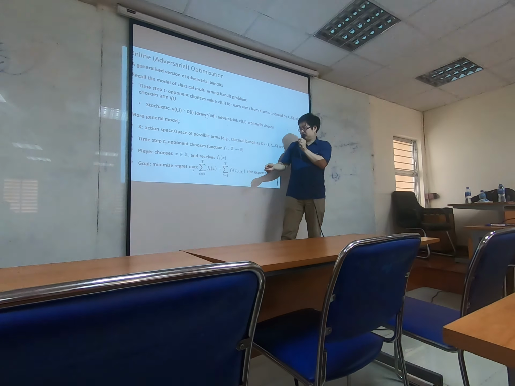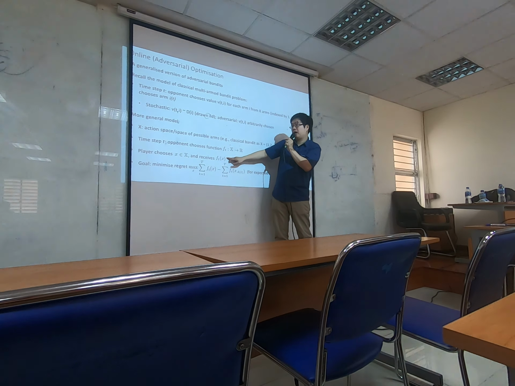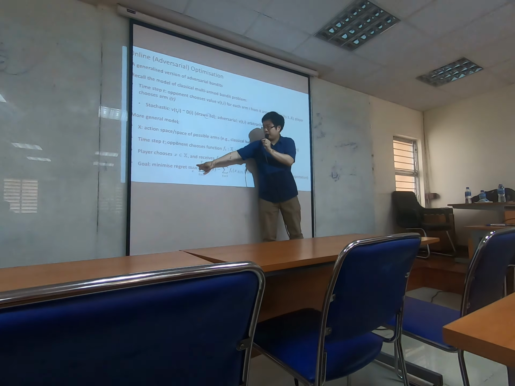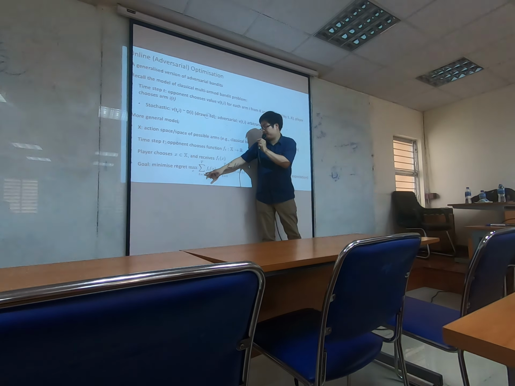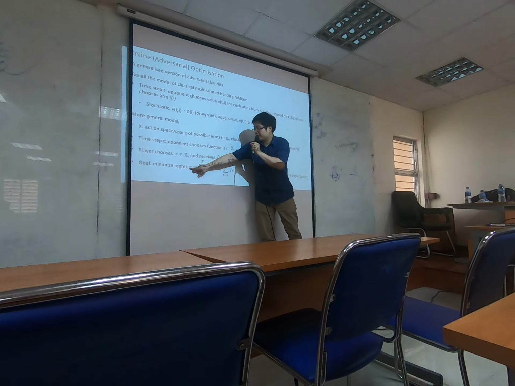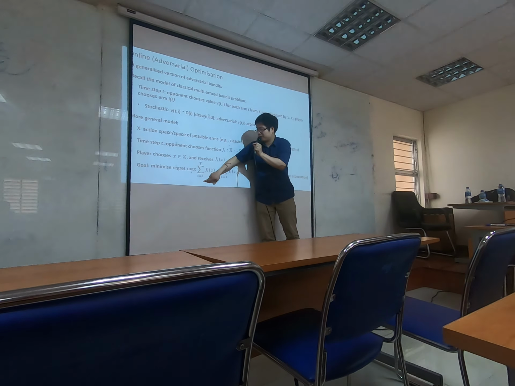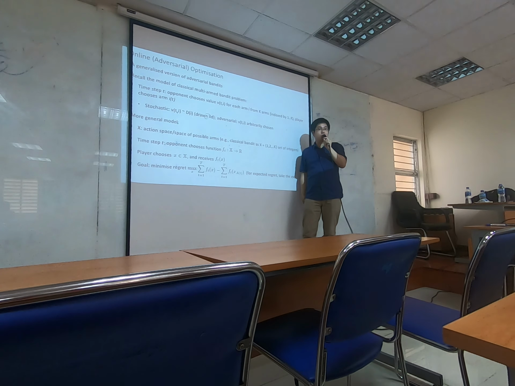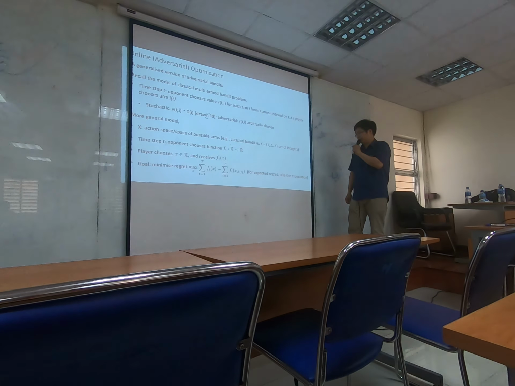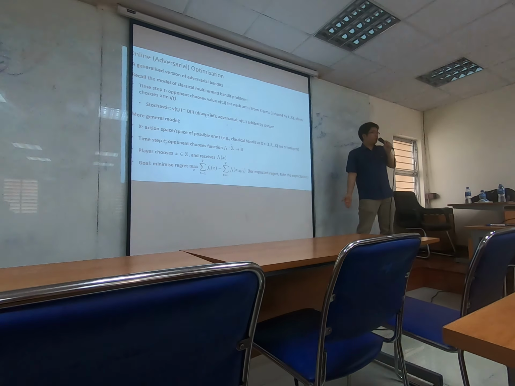That would be the reward. Okay? And now the goal is to minimize the regret, which is the best fixed point in hindsight, we still have the best fixed point in hindsight, minus our performance or the rewards we have achieved. Okay? So that's all we want to do.